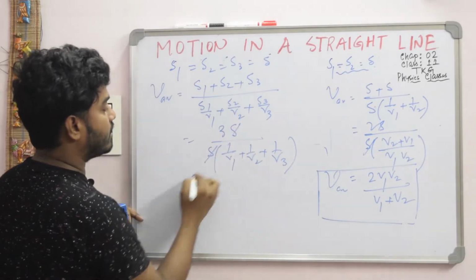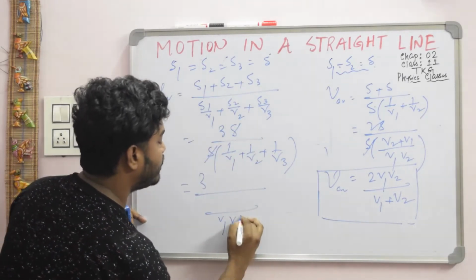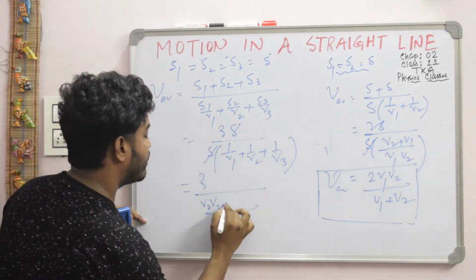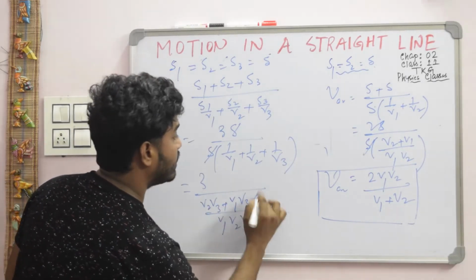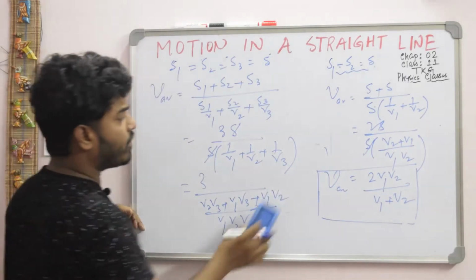So s cancels out and there is 3 over the LCM v1 v2 v3. There is a v1, so this one will be v2 v3, plus there is a v2, so this one will be v1 v3, plus there is a v3, so this one will be v1 v2. So what is the final formula?